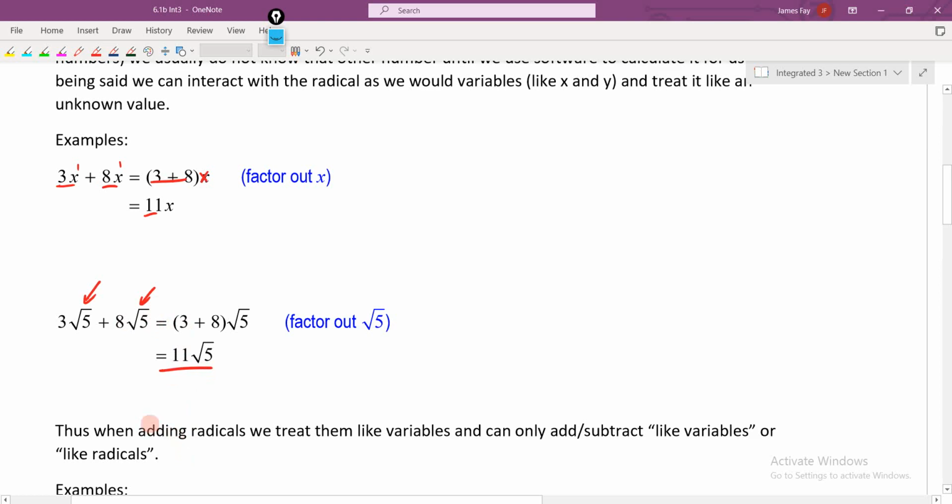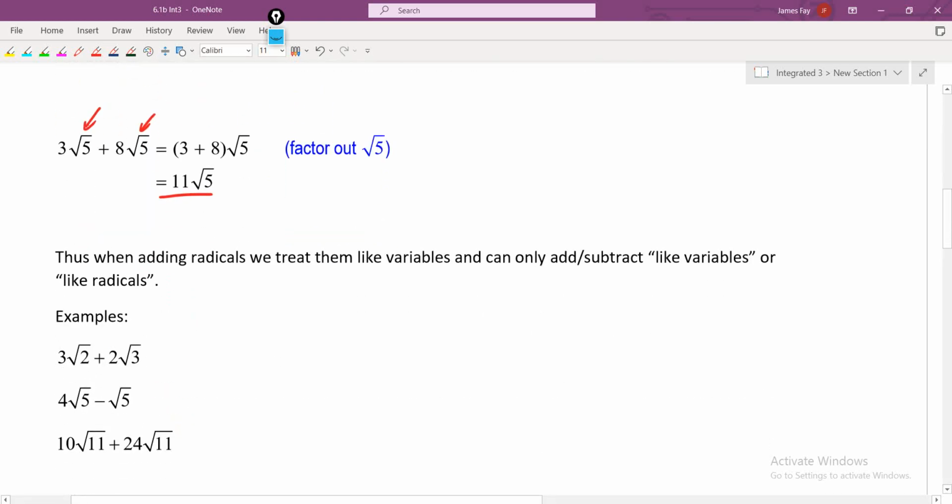What I'm going to try to emphasize here is that when adding radicals, we're going to treat them a little bit like variables. And we can only add or subtract like variables, or in this case, like radicals. So for instance, if I gave you 3x plus 5y, based on what we've talked about all year, you can't combine those.